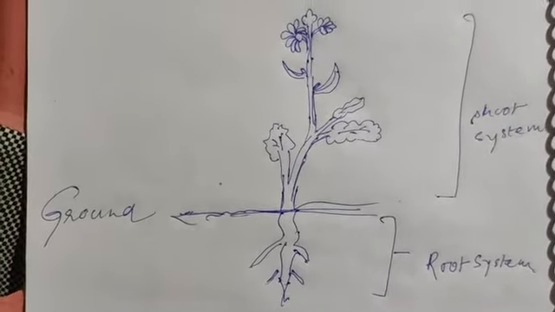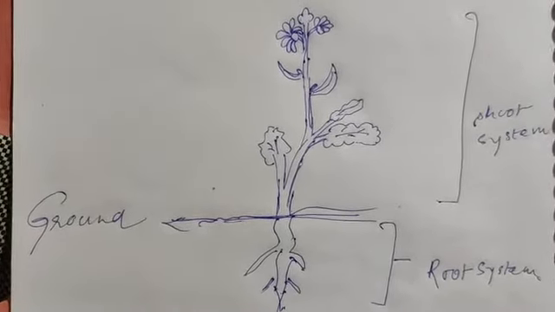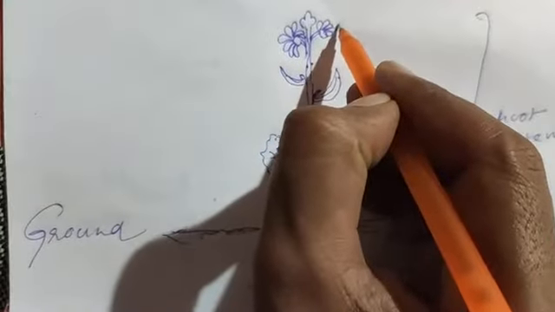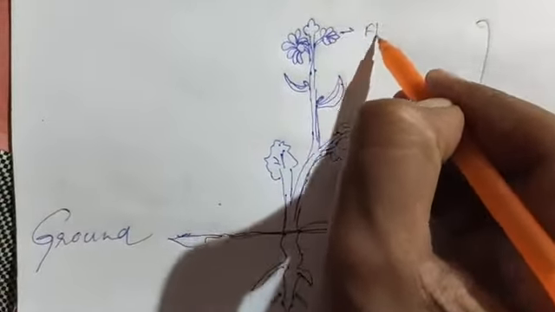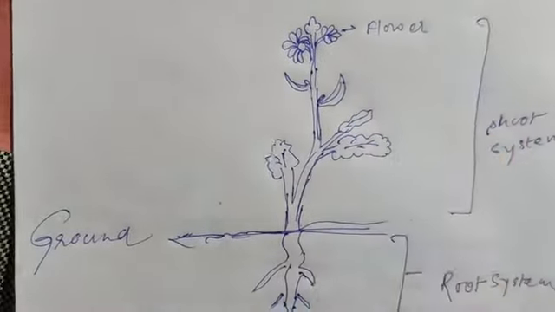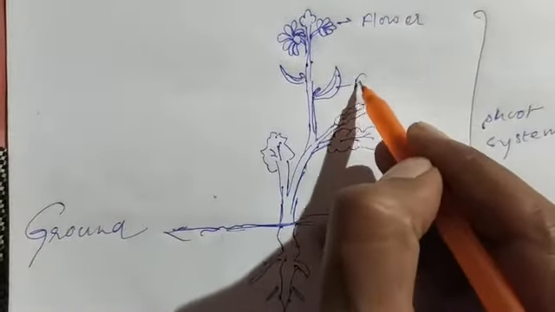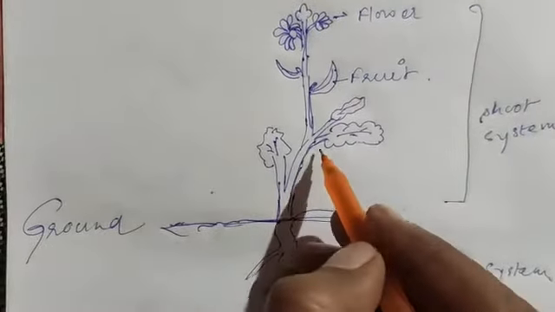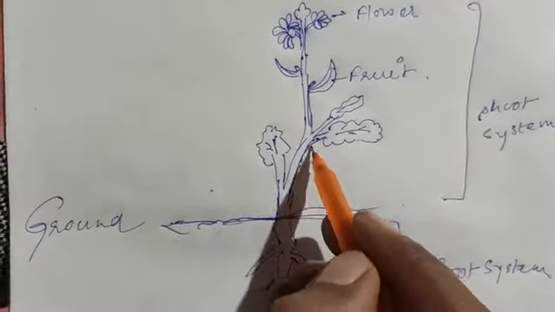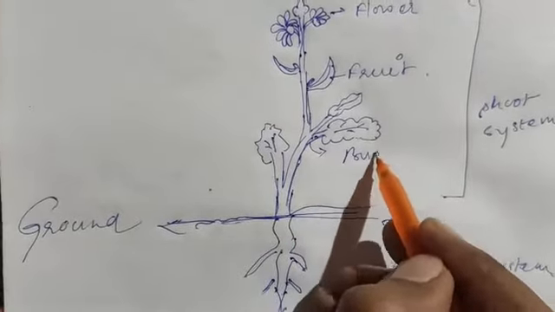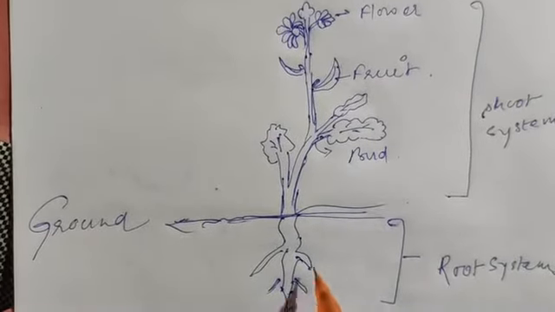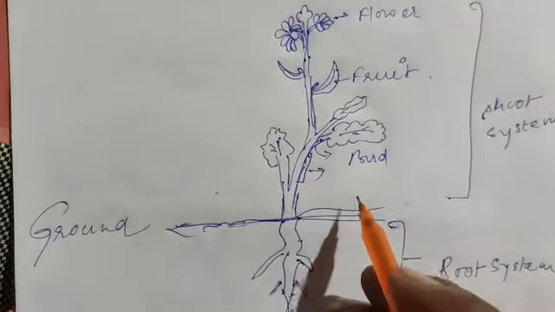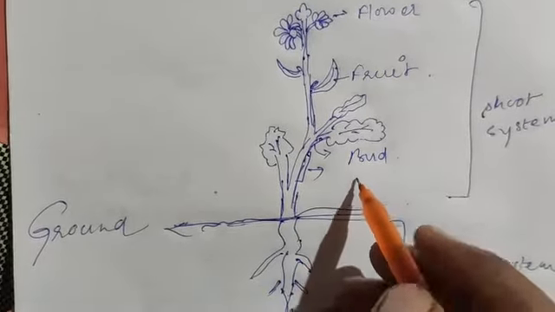Now we mention some different parts of the plant. Here is the flower, and this is the fruit. This part is called the internode.